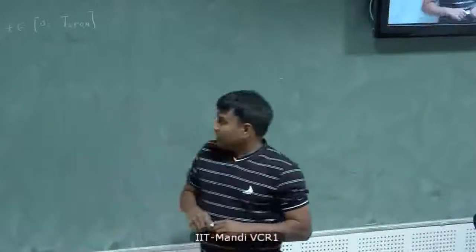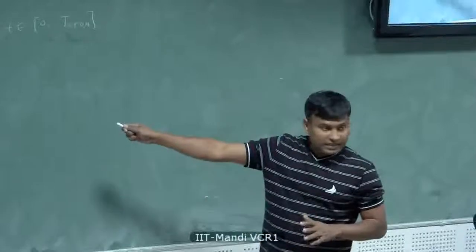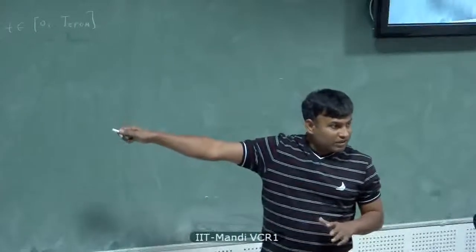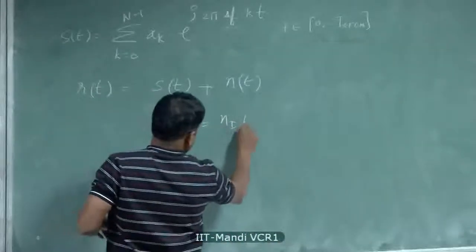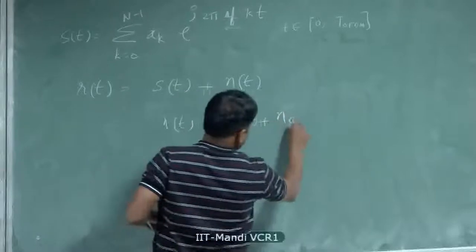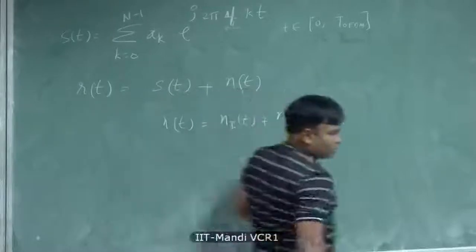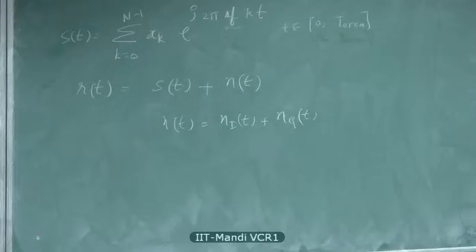So N of t again here is complex valued additive white Gaussian noise. That means N of t has a real part and an imaginary part. Ni of t and Nq of t are statistically independent of each other.